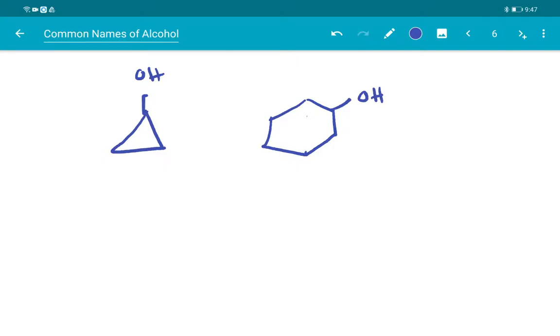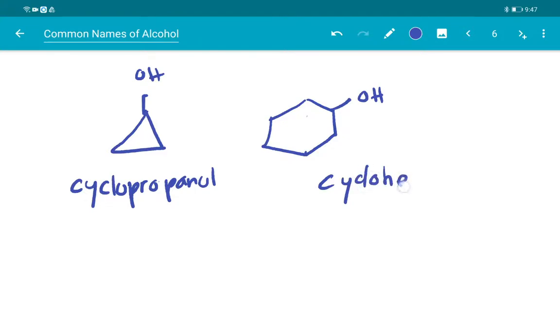For the IUPAC name, this will be called cyclopropanol, and the other one will be called cyclohexanol.